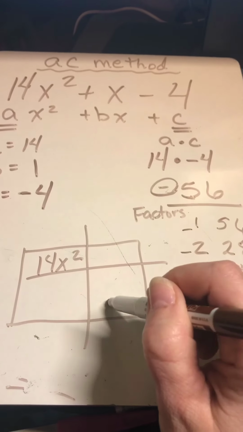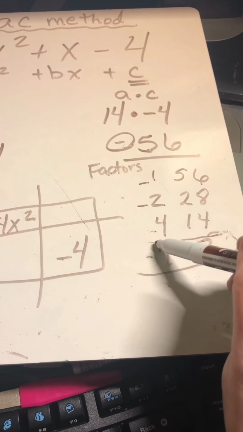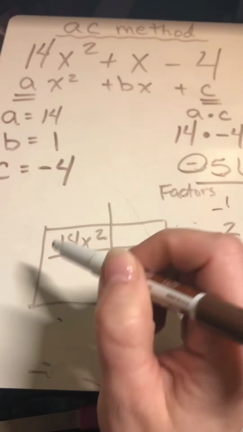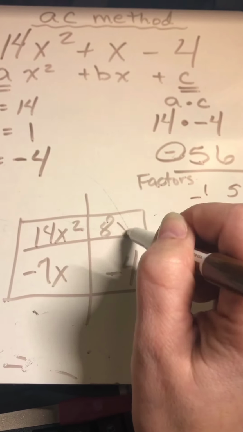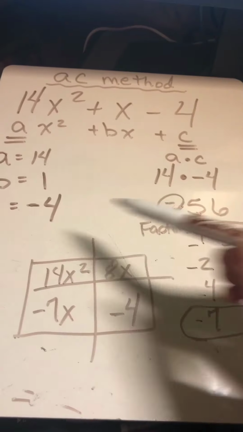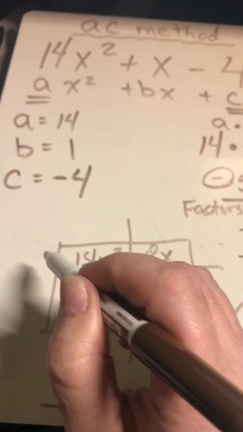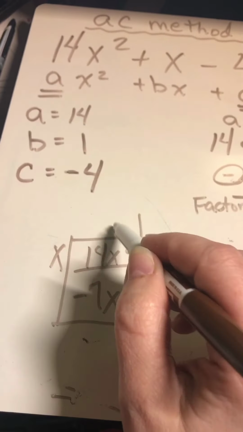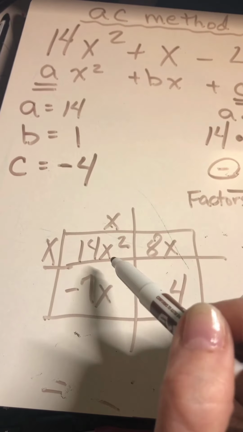My last term, negative 4, always goes in this box. I've already figured out what my two factors have to be. So one is a negative 7x, and one is a positive 8x. So all of that other work is the same until we get to writing it out, and I like to do it this way. So I also know that this has to be an x, and this has to be an x, because that's how my box method works, right? So that would make sense to get my x squared.